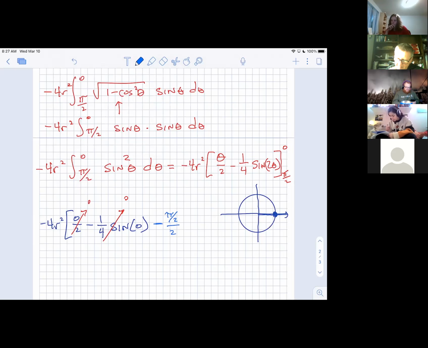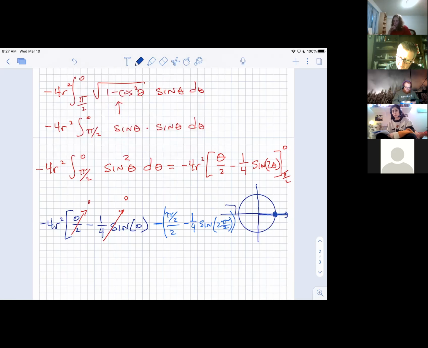That's kind of exciting. And then we also have, and I guess I'll put a parenthesis here because it's minus everything, minus 1/4 sine of 2 theta, 2 times pi over 2. Close that parenthesis off.